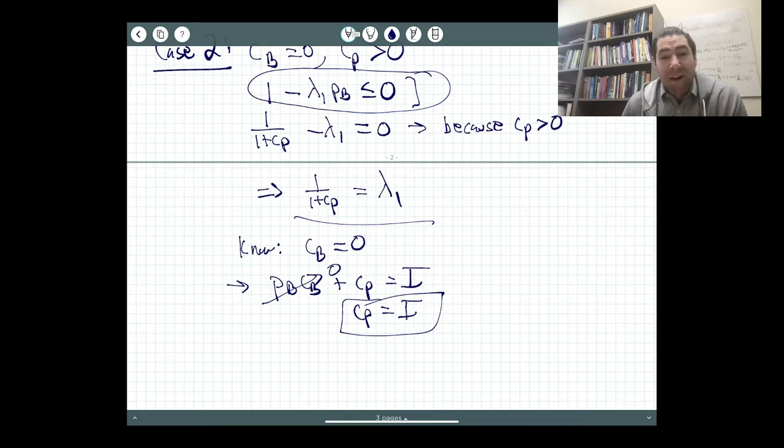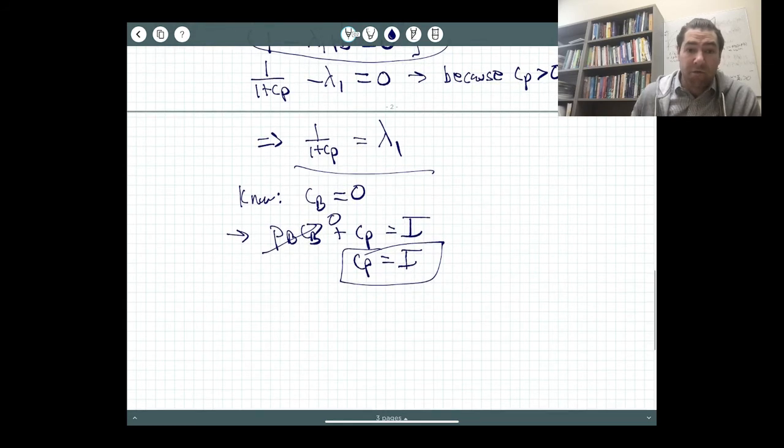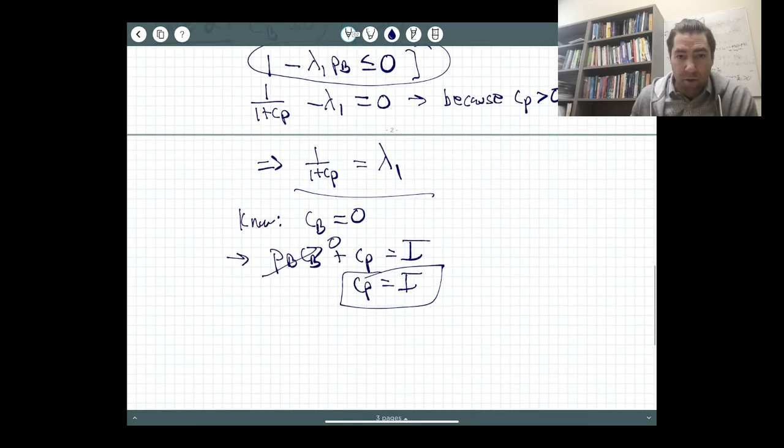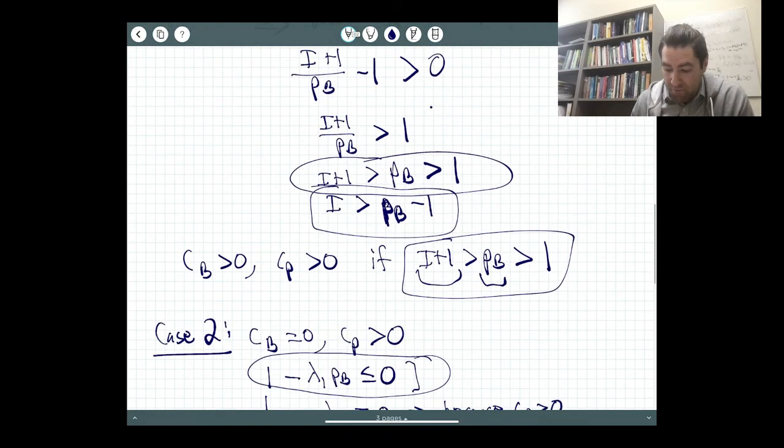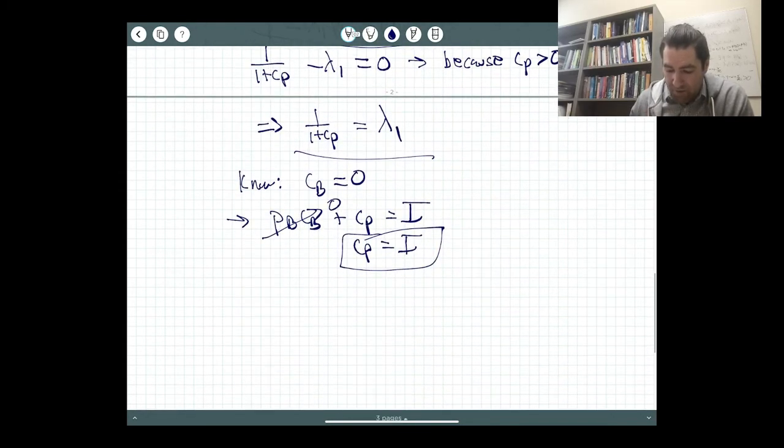Now, how do I know when this case obtains or not? Well, we had a hint in the first one. Those cases tell me when CB would be equal to 0. Well, that's going to happen if this condition here fails. If PB were greater than I plus 1, then I might run into problems. So let's see if that comes out again. So what would I do?